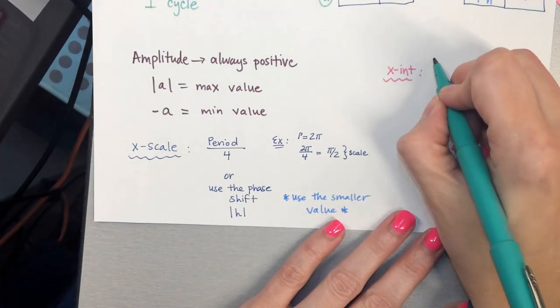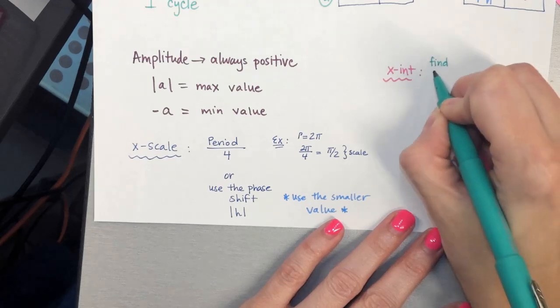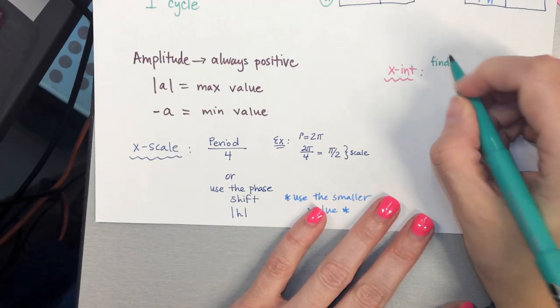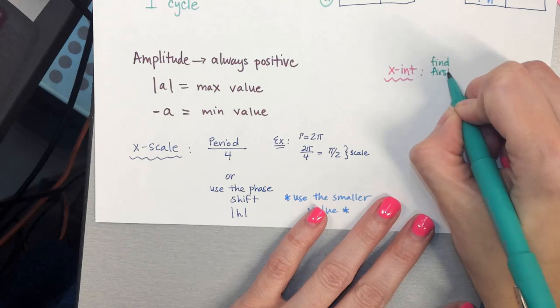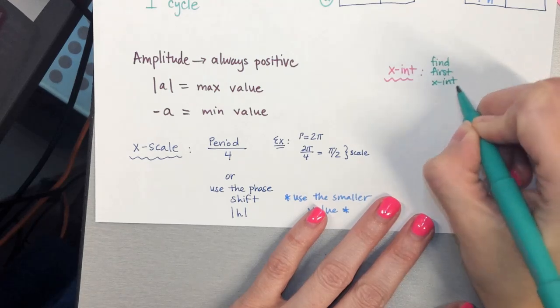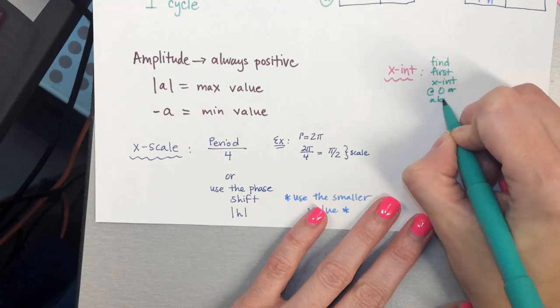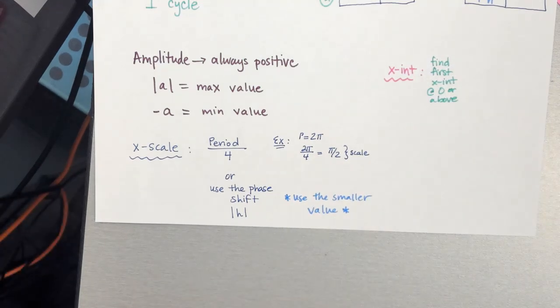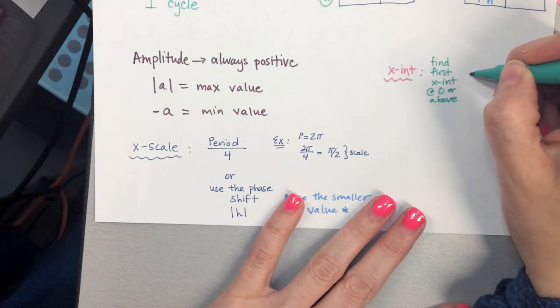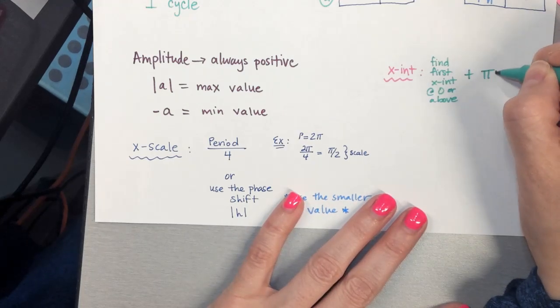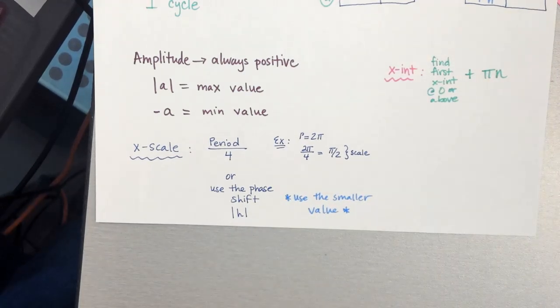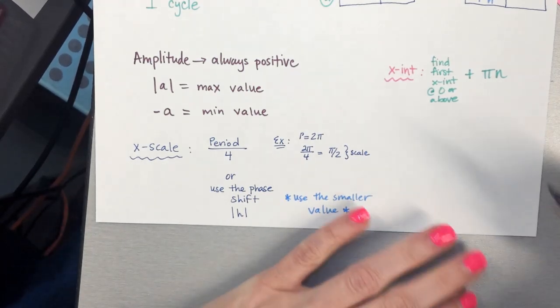So find the first x-intercept. I usually say at 0 or above, because sometimes it is 0. And if it is sine, it is going to be your h value as well. Then you're going to add pi n. That's correct.